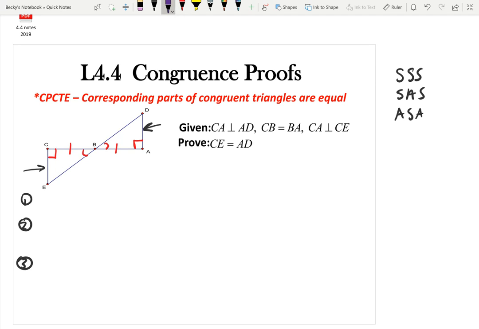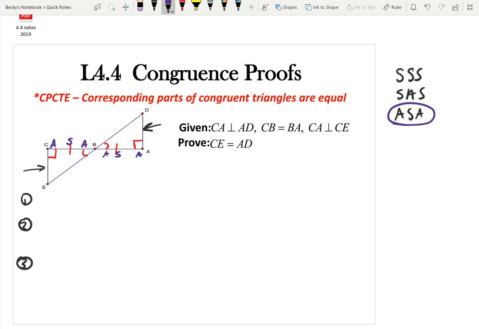So now, what type of situation do we have? We have an angle, we have a side, we have an angle. And on the other triangle, you have an angle, you have a side, and you have an angle. So you're going to prove this by ASA.